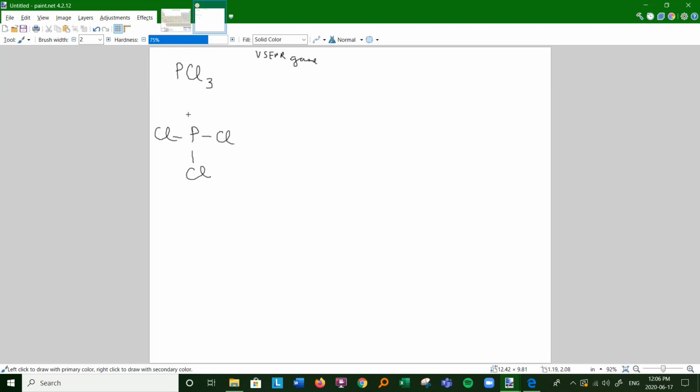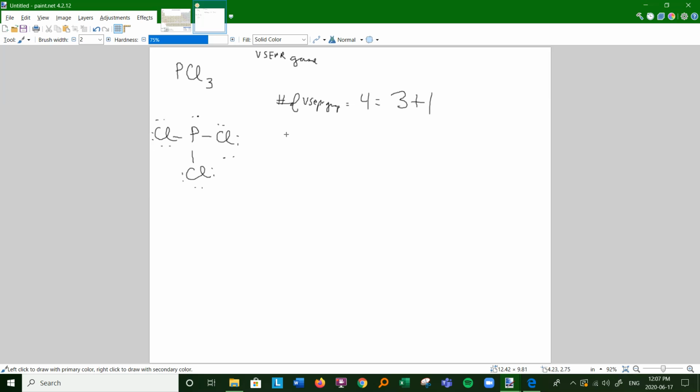And I'm going to have 5 plus 21, 26 valence electrons. Halogens only like to be single bonds. 6, 12, 18, 20, 22, 24, 26. So it works. So in playing the VSEPR game, the number of VSEPR groups is going to be 4, which is 3 bond groups and 1 lone pair, right? 3 bond groups and 1 lone pair.